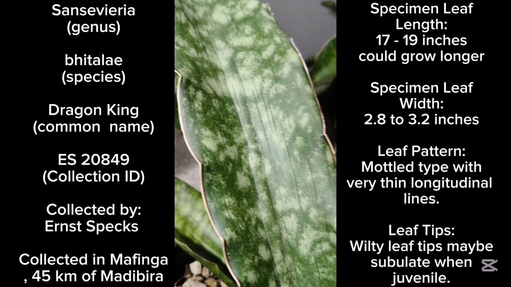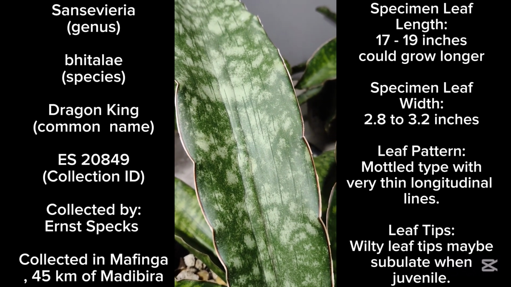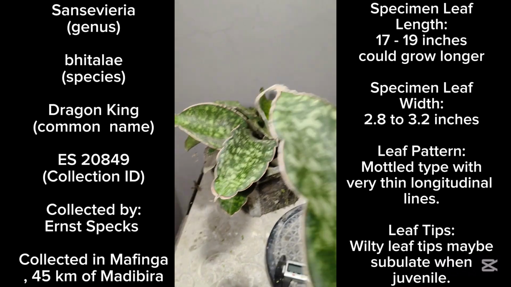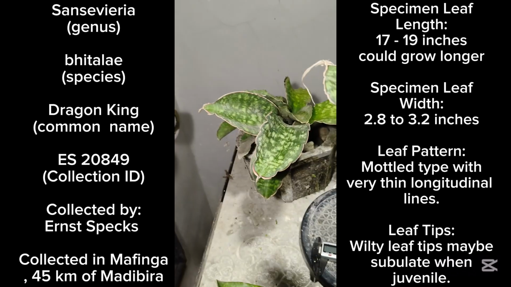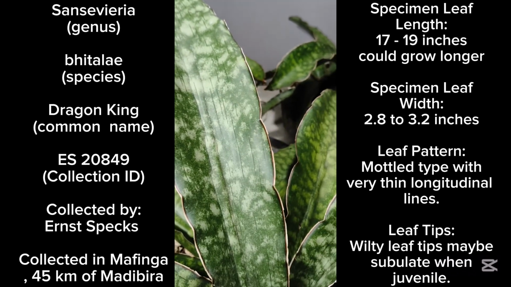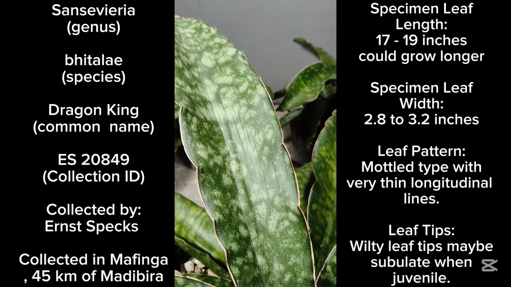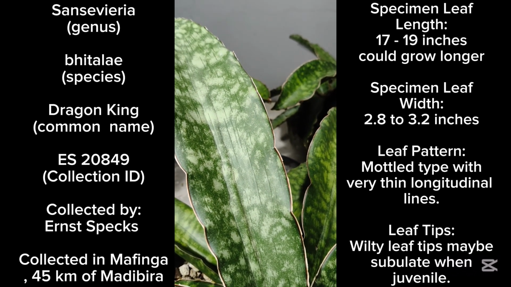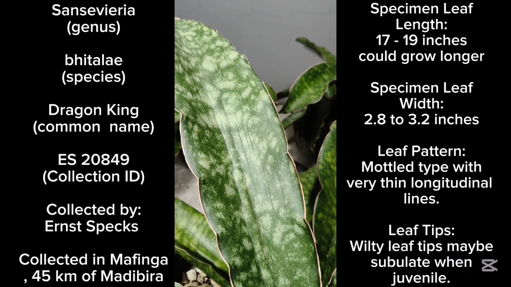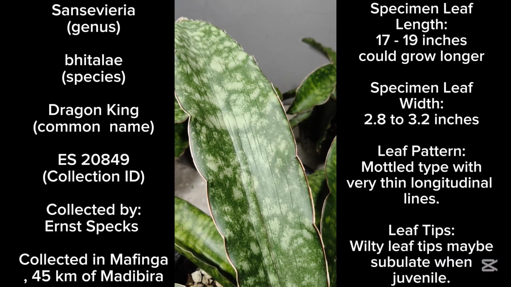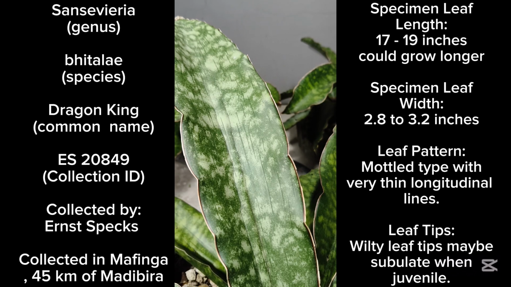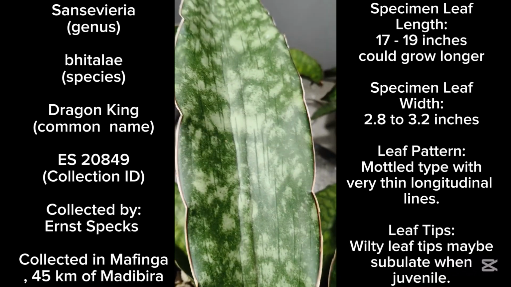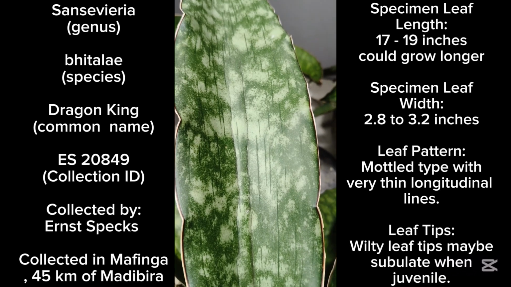So that is the pattern of most bhitalae species, and from the three that I'm showing you, it is very similar to each other. Some Sansevierias are banded, like Trifasciatus. The pattern on Trifasciatus is banded, an alternate of dark green and pale green in banded pattern, but what I'm showing right now are not banded but mottled.